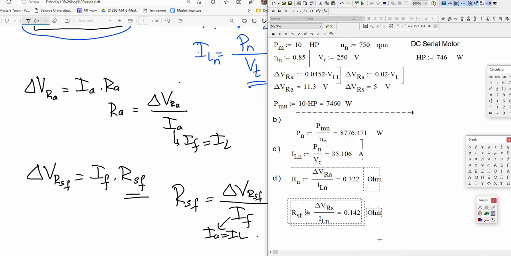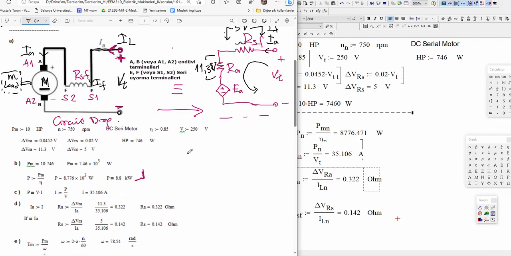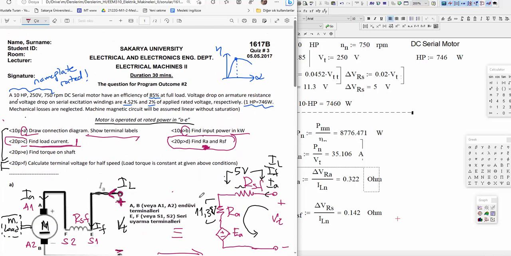Serial winding resistance is also small. It looks fine. Let's check my results. Yes, here they are. We are on the right way. We have completed 20, 40 and 60 points right now. So far it is easy.